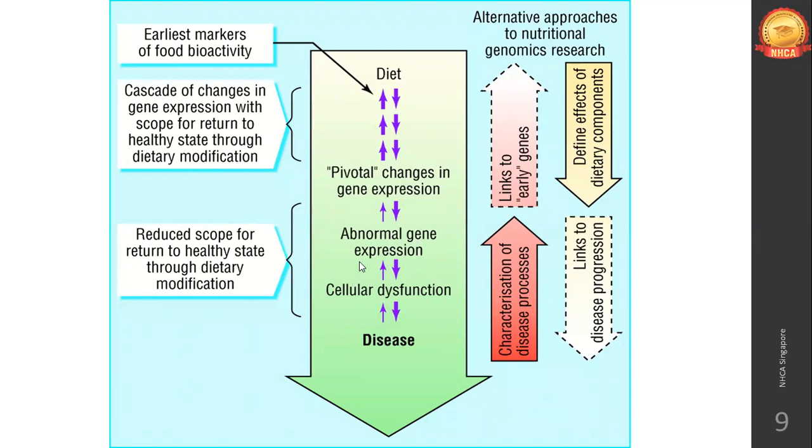And cellular dysfunction: post mutation, the cell will not function the same way it is supposed to normally, because the cell undergoes undifferentiated proliferation. If you remember the previous image, I showed you a bunch of cells.